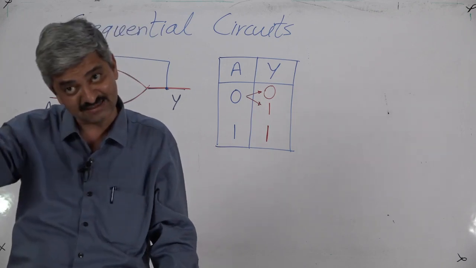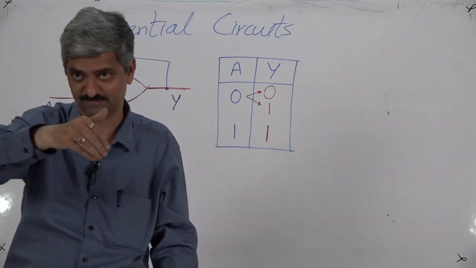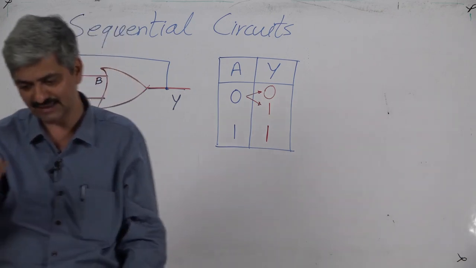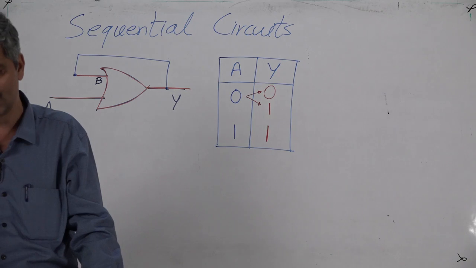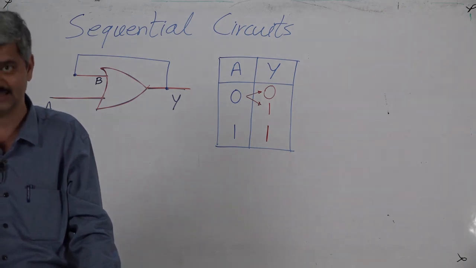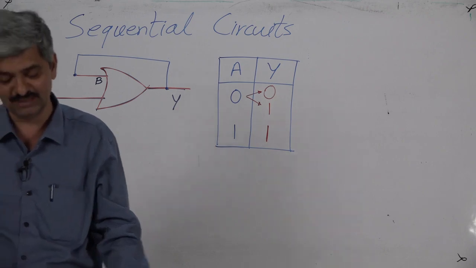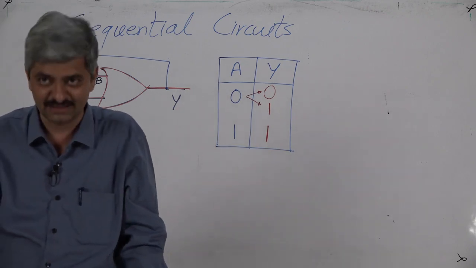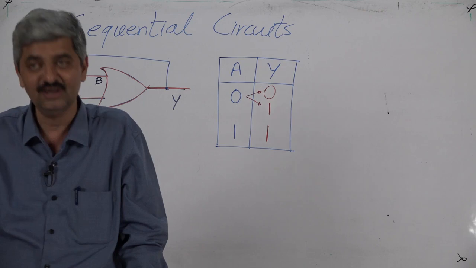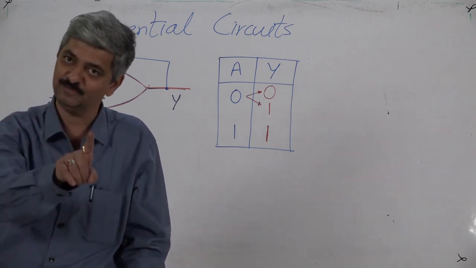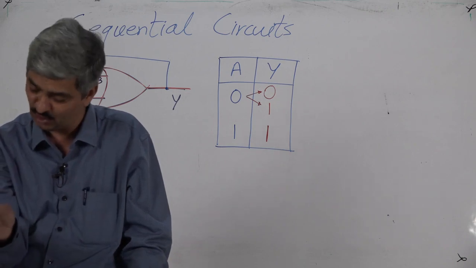Multiple input states may lead to the same output. So for, say, an AND gate, A 0, B 0, Y 0. A 0, B 1, Y 0. A 1, B 0, Y 0. A 1, B 1, Y 1. So for 3 input combinations, output is 0, and for one input combination, output is 1.